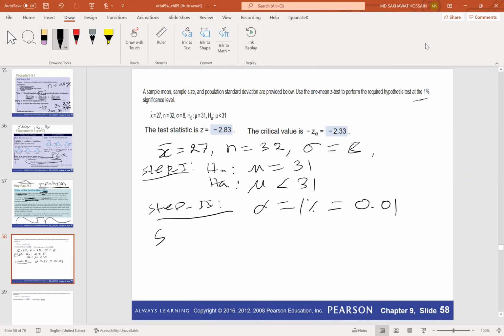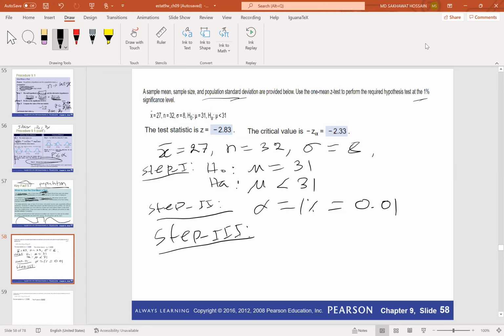So now we need to calculate the test statistic. Step 3 is we'll calculate the test statistic. Before calculating it, you need to determine what type of test you are using here, whether Z-test or t-test. First you look at the population distribution. We do not have any information about it.